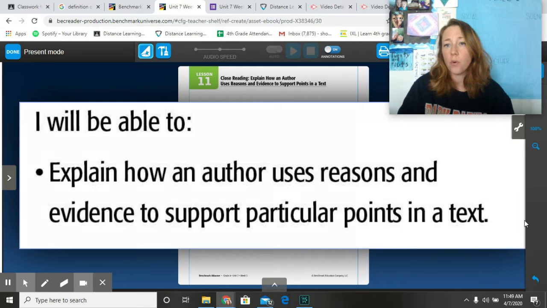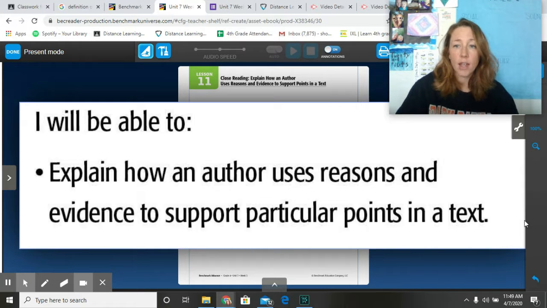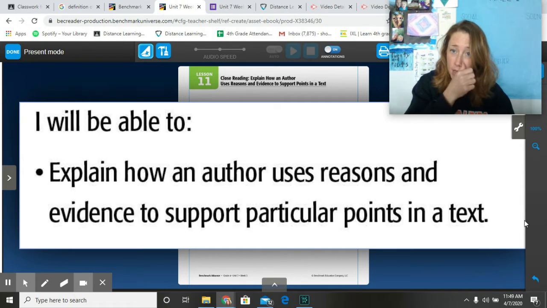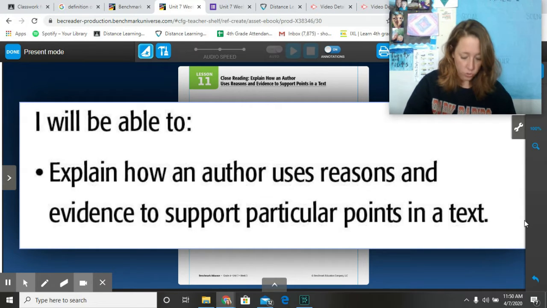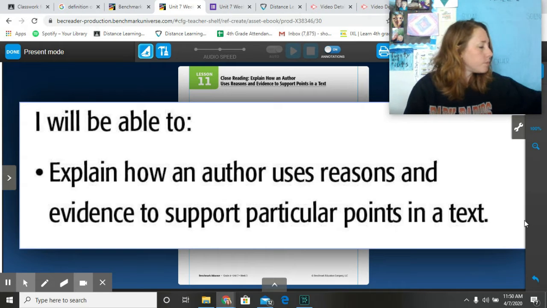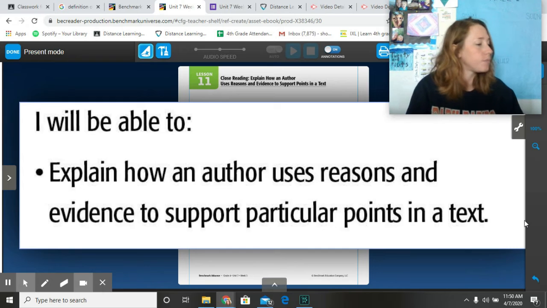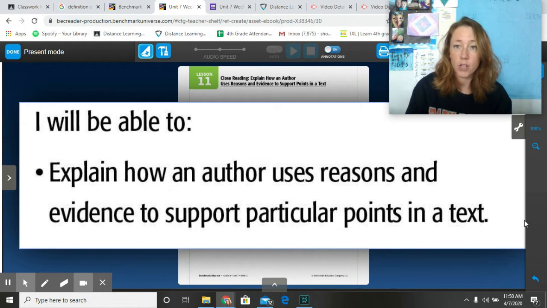We did this before with the railroad one, where we looked at those images and how they helped us to better visualize or to expand our knowledge on what was happening in the text. Same thing with this. We're going to use the images provided on pages 24 and 25 to better understand what Narcissa Whitman was going through when she was going on the Oregon Trail.